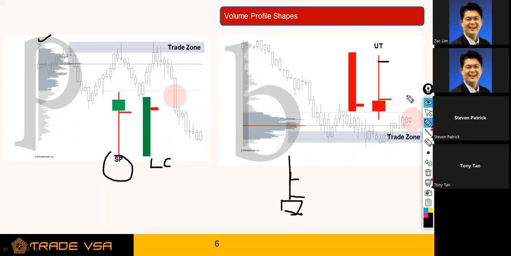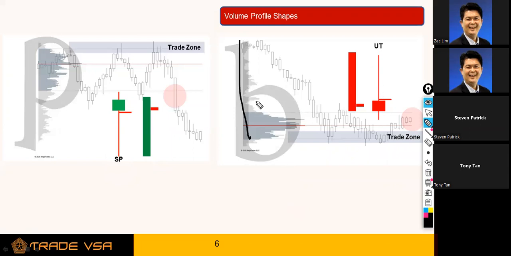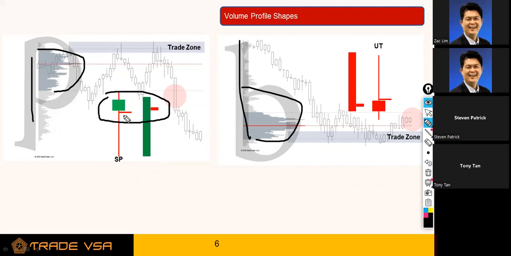Okay, so when you see this one and this one, it is just to illustrate that this type of bar setup is just a B and P. So when you see a lot of this green color, this format at the top, then you need to be careful already. Sometimes at the top you can see a lot of SP, a lot of good LC.